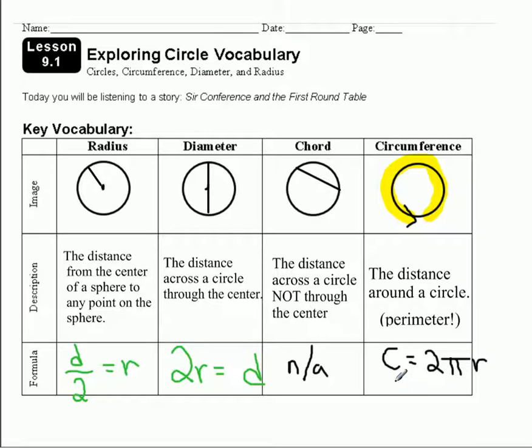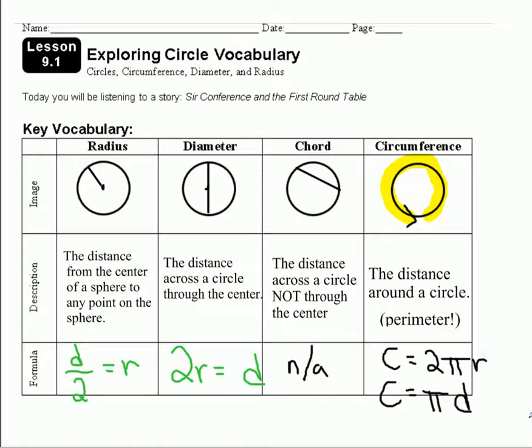The other formula, which I find a lot easier, is C equals pi times d diameter. So I want you to write both. We probably will be using one more than the other, but I want you to get comfortable seeing both so you know what to do.